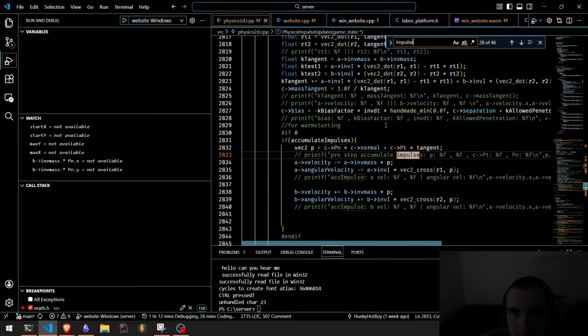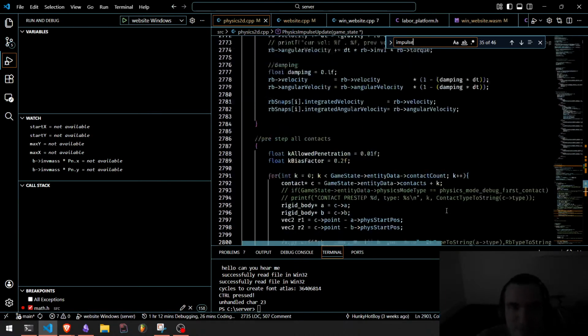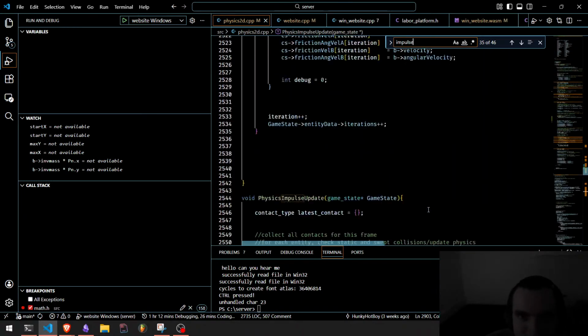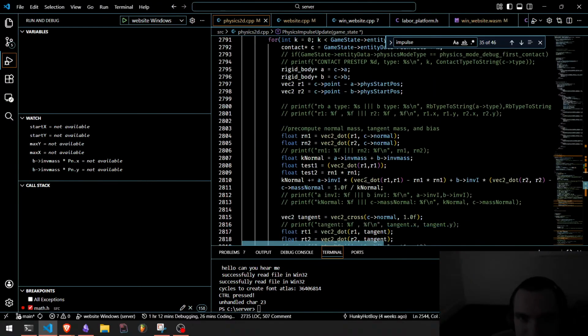I just want to see if it's the same in the regular solver, because this is like a separate function on the side that recalculates all the contacts when we're taking snapshots. But for the actual full impulse solver over here, we're going to do the same thing.